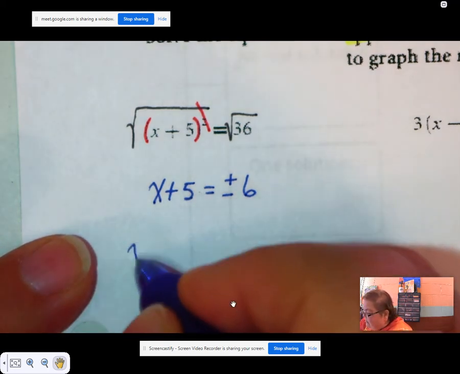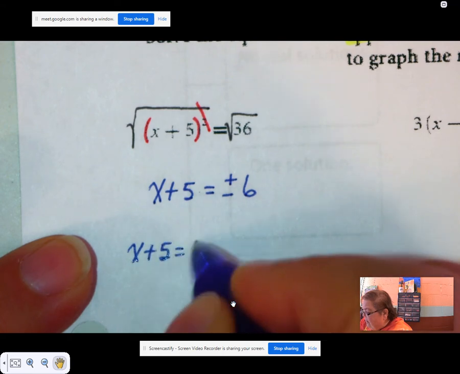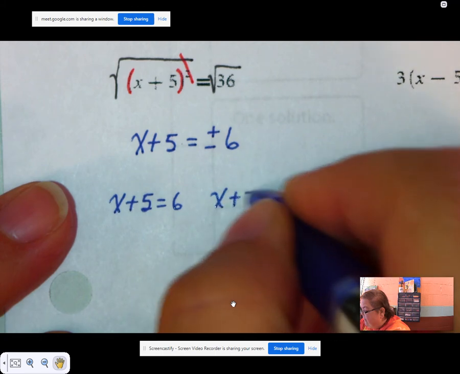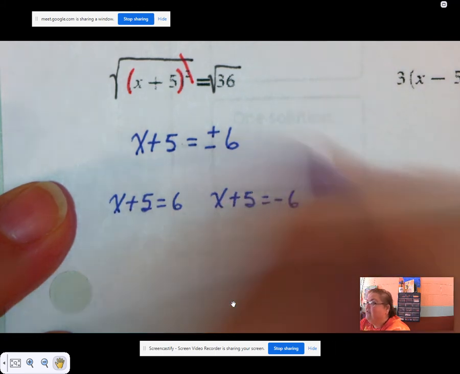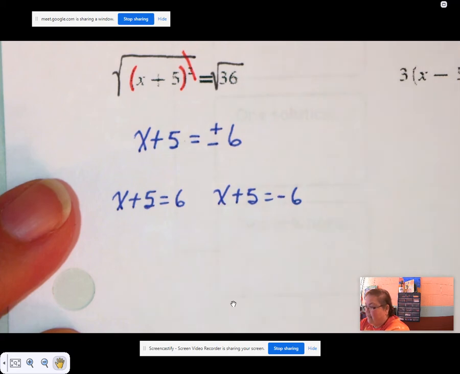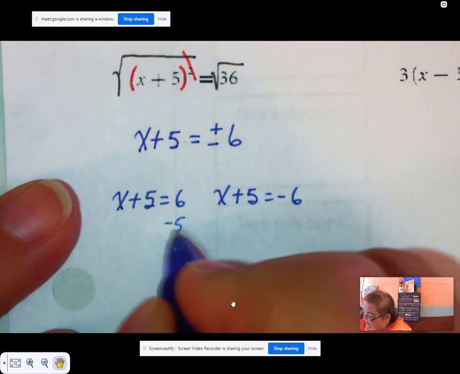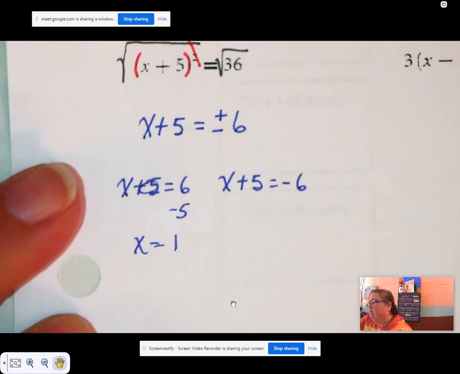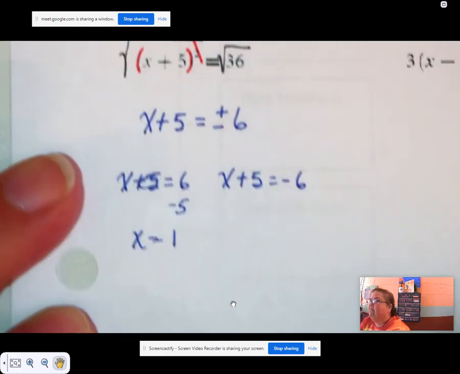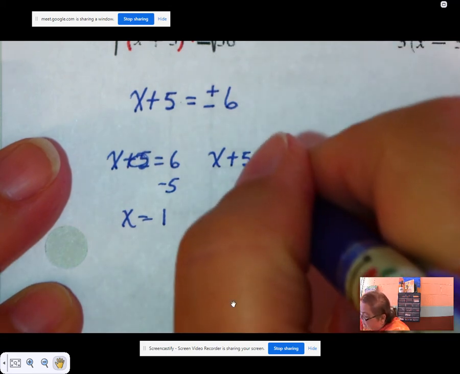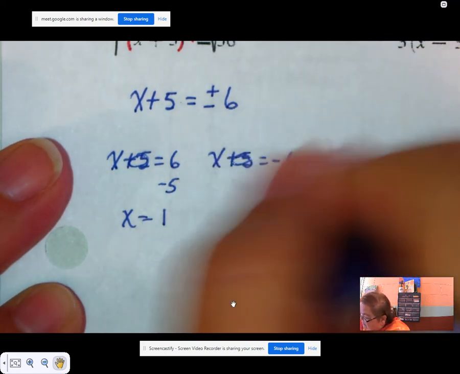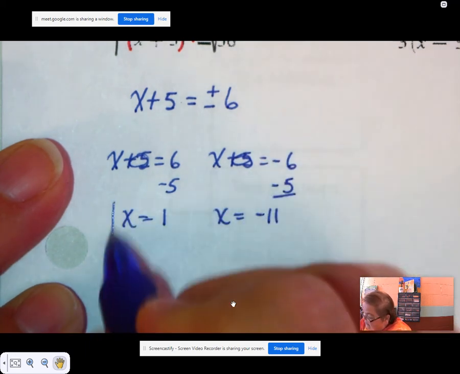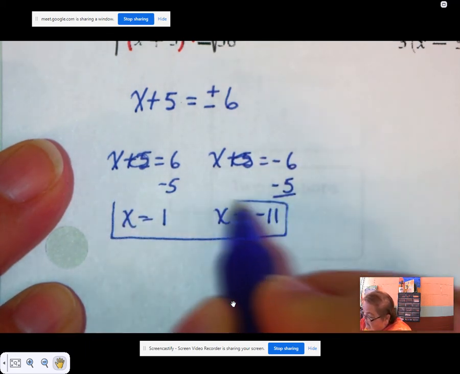So x plus 5 equals my positive 6, and x plus 5 equals my negative 6. And this is how you find both of them. Subtract 5 here, make that go away. X equals 1. Subtract 5 here, that's my 0. X equals negative 11. And these are my two answers.